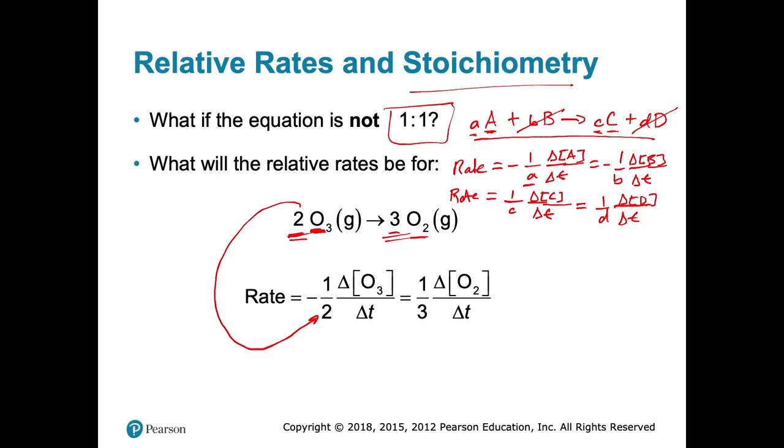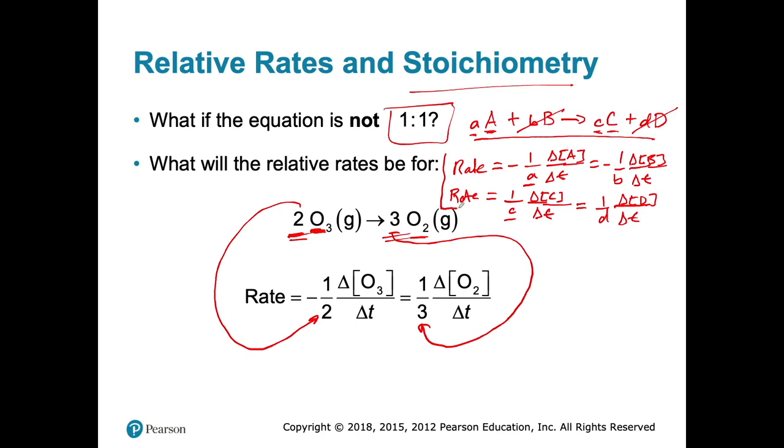And as for the 3 here, it became the denominator down here in the products of the rate equation, because if you look over here, little c is under 1 right there. And so that's how we write our rate equation, okay?